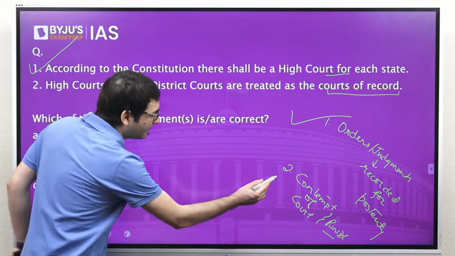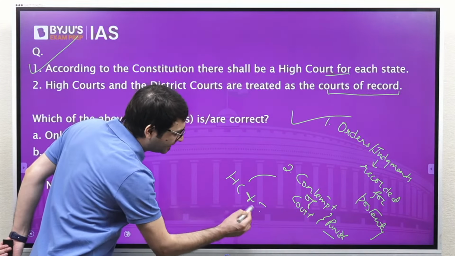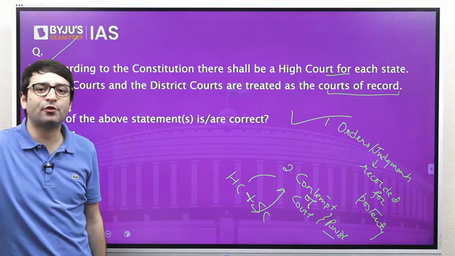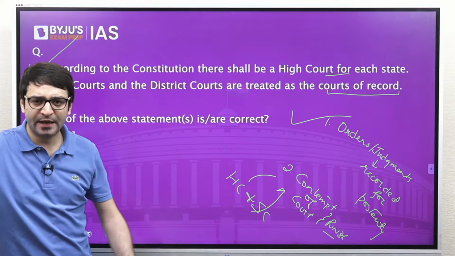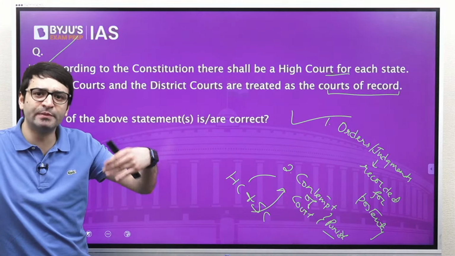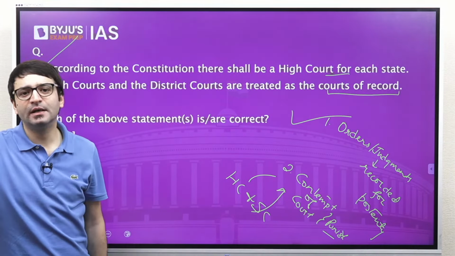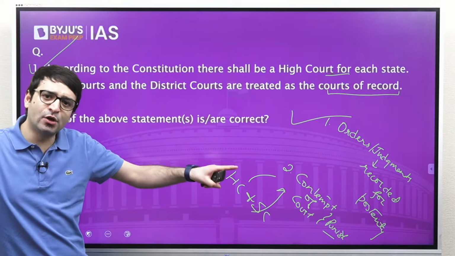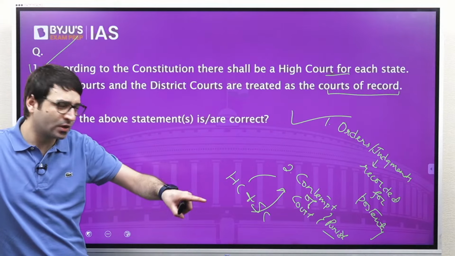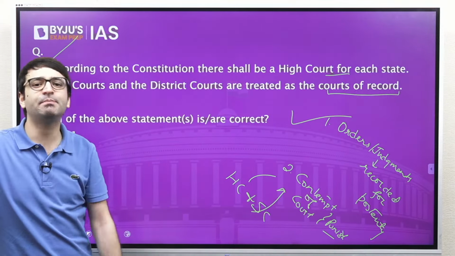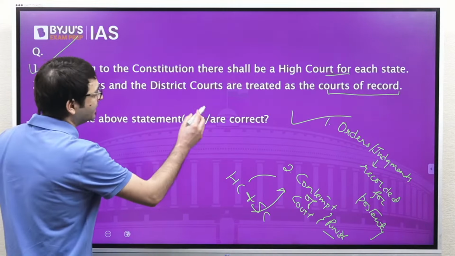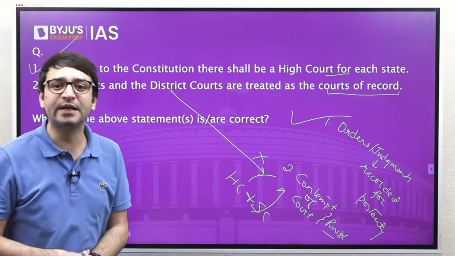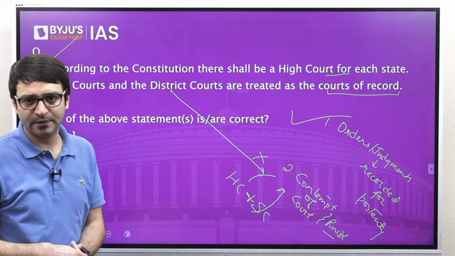But only the High Court and the Supreme Court have the power to punish people for contempt. And we have seen a lot of contempt of court cases being filed in the Supreme Court recently. Only the High Courts and the Supreme Court have the power to punish people for contempt. District courts do not have the power to punish people for contempt.